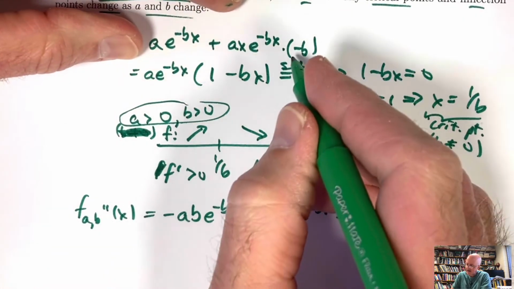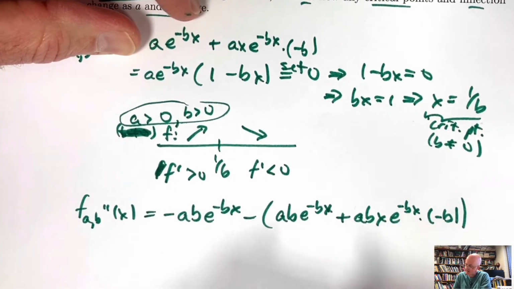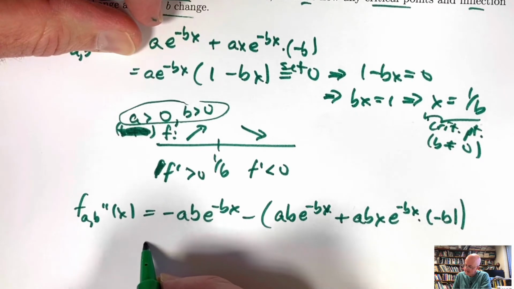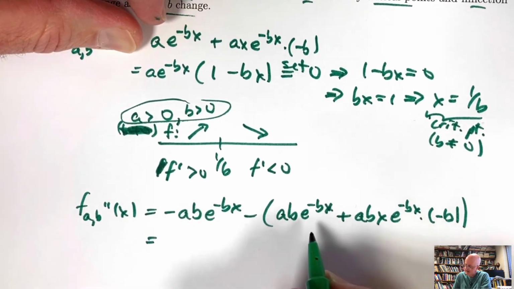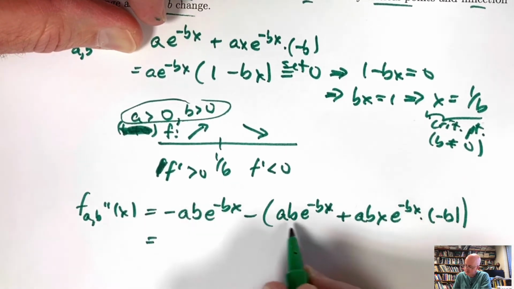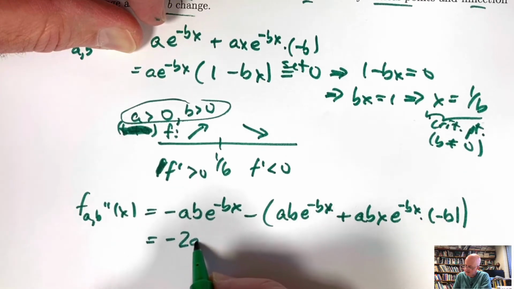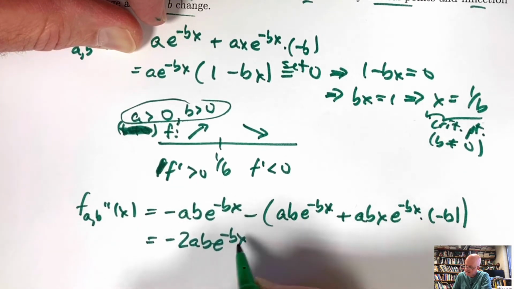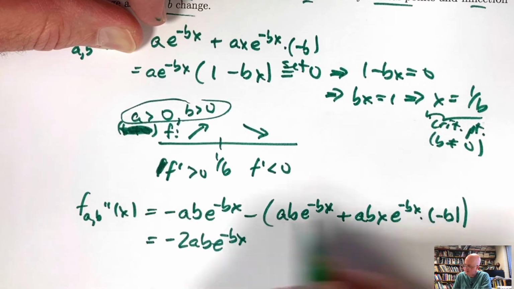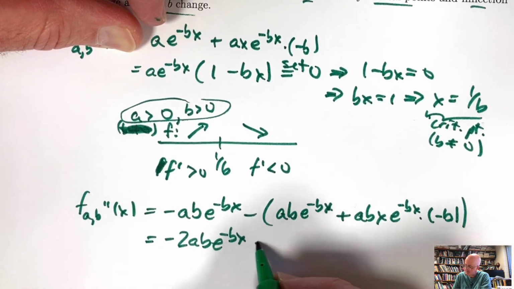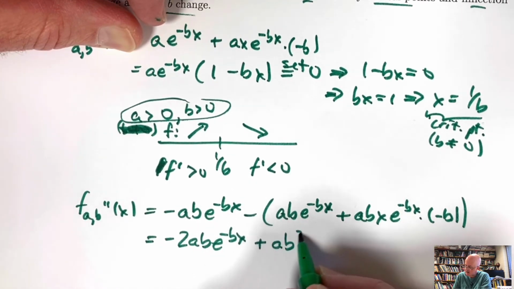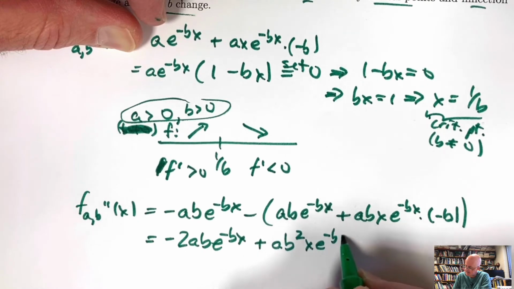The minus sign here I brought in front to begin with, that corresponds to this minus sign. Simplify, distribute this minus sign through, you get these two terms are the same, so you get minus 2ab e to the negative bx. Distribute the minus sign through over here, the two negative signs cancel. Looks like you get plus ab squared x e to the negative bx.